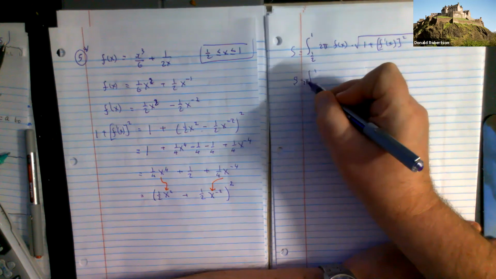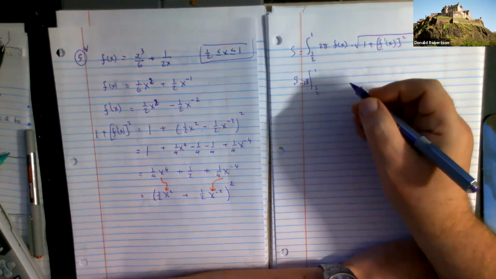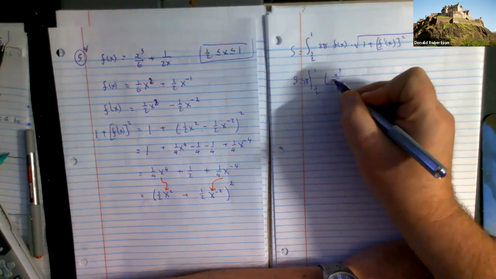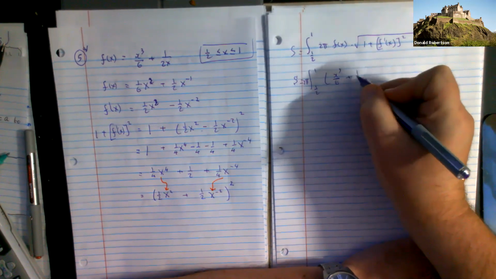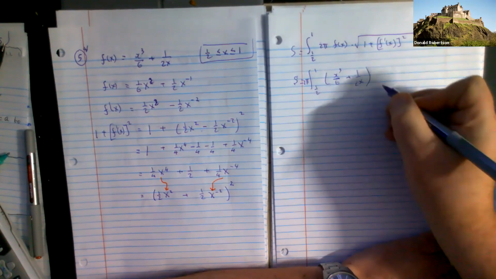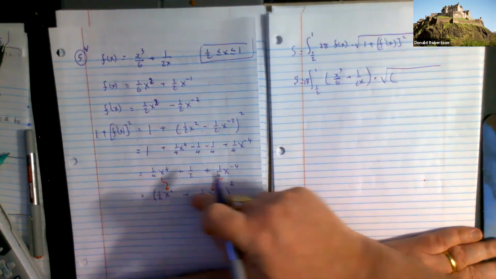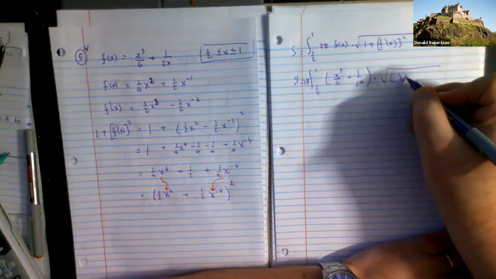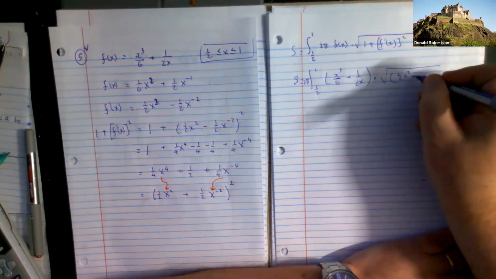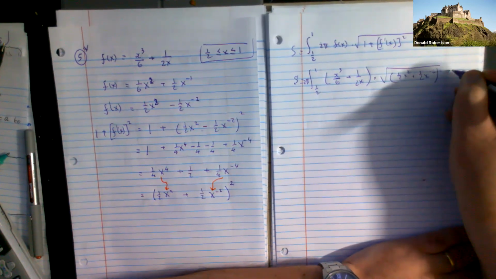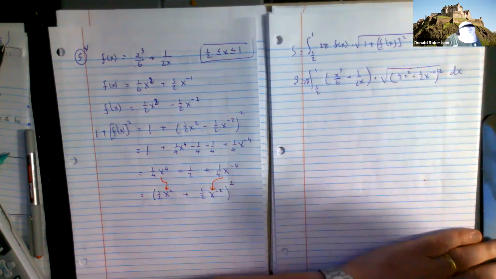Stick the 2 pi out there. F of x is x cubed over 6 plus 1 over 2x times the square root of all of this. Looks like I'm running short of ink.